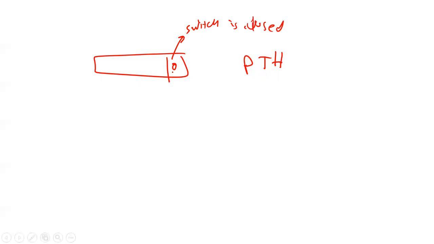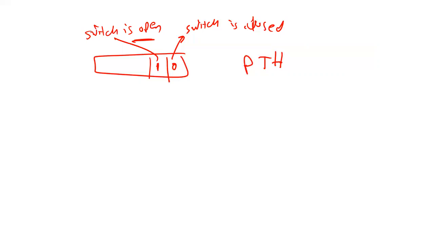I'm going to tell you how later. This is how the hardware circuit works: when the switch is closed, it puts 0 volt. And if I get 1 here, that means the switch is open. If you open the switch, the hardware circuit puts 5 volt on the pin, and then you can read 1.